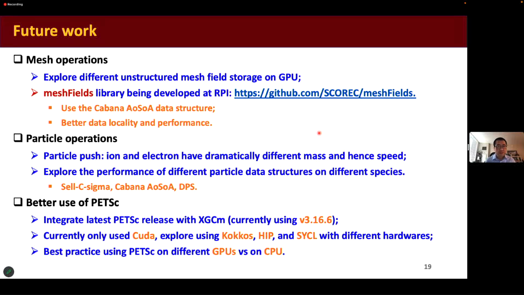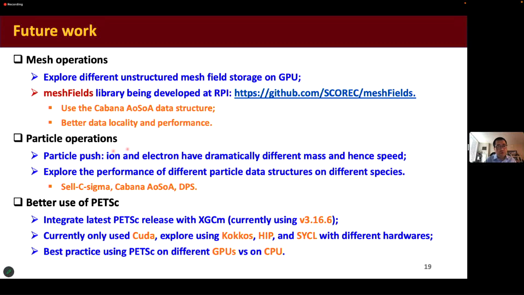Right now we have the mesh field library being developed at RPI, which uses a Cabana AoSoA data structure and has better mechanics and performance. We want to explore how we can use this in our mesh-centric PIC code.